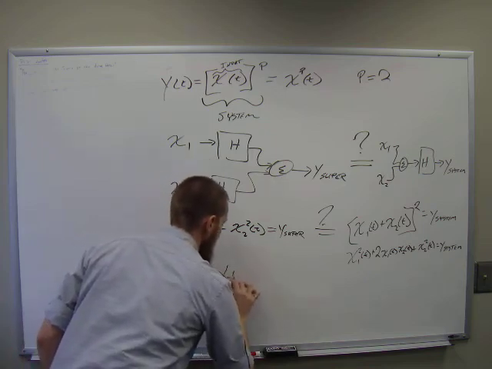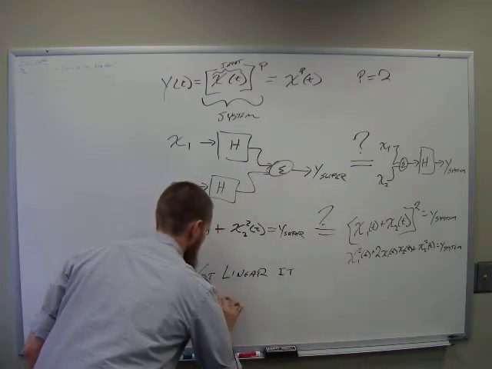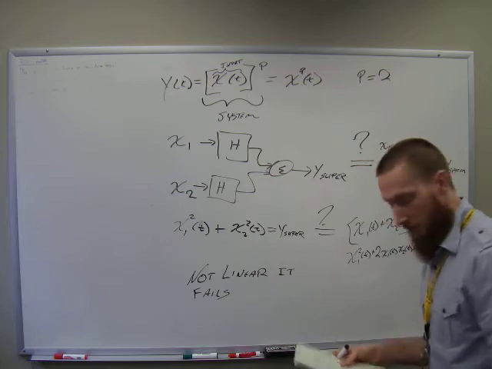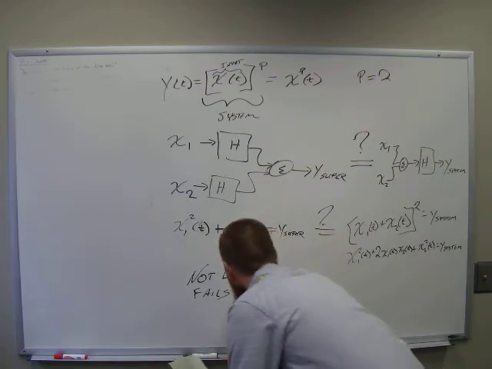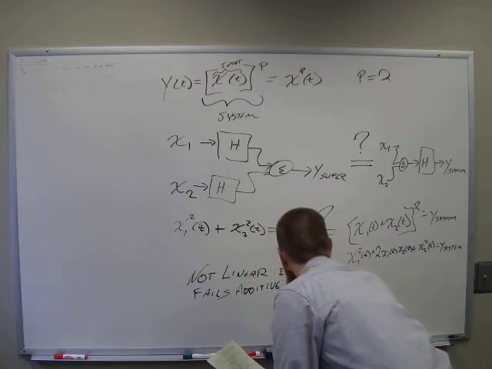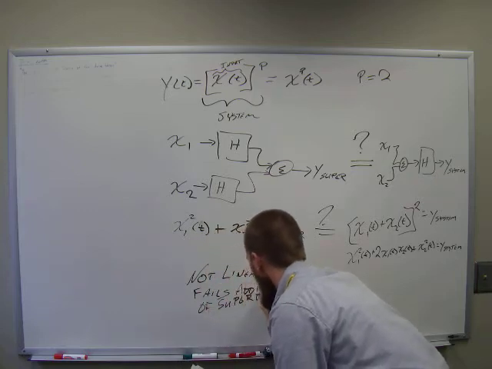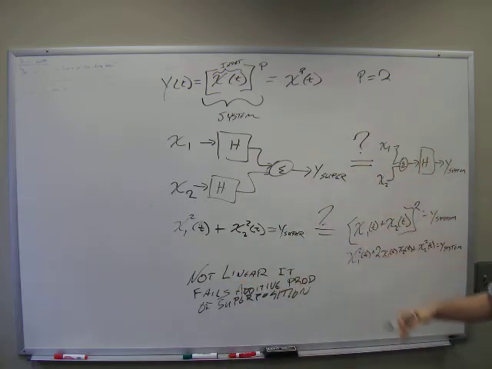It fails the additive property of superposition. Okay, not linear. Does this make sense?